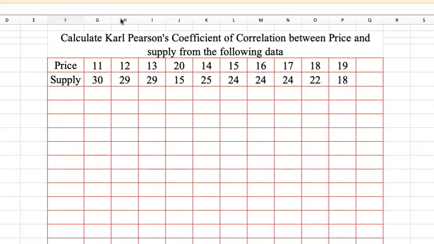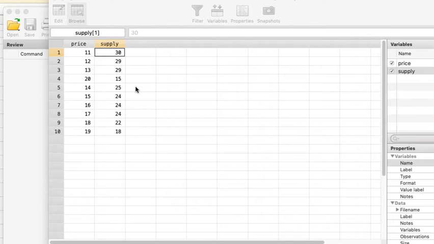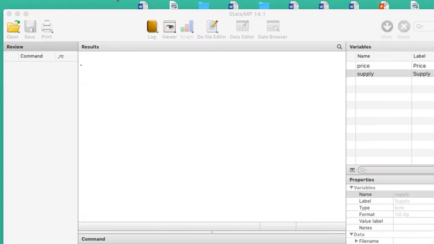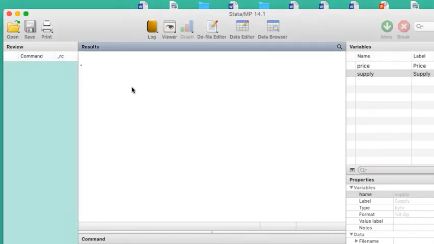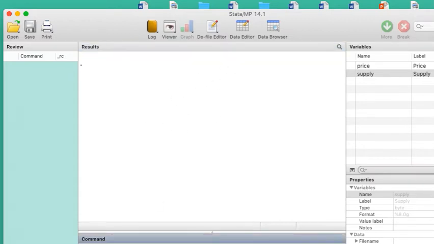Let's go to Stata now. Now see, this is Stata, and I have price and supply here. Both the variables are here, price is given here and supply is given here, right? Now I have to draw the scatter plot. There is a path for drawing this scatter plot in Stata, and you must remember the path.